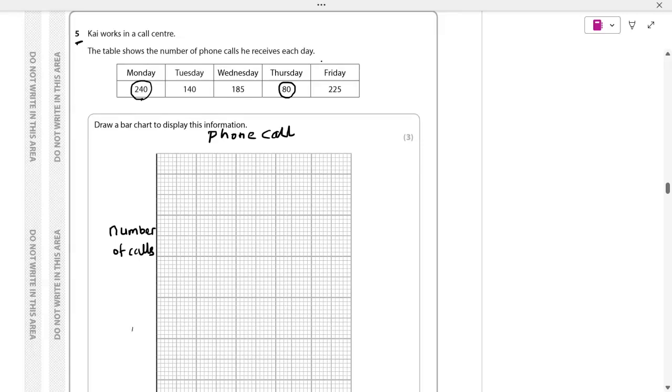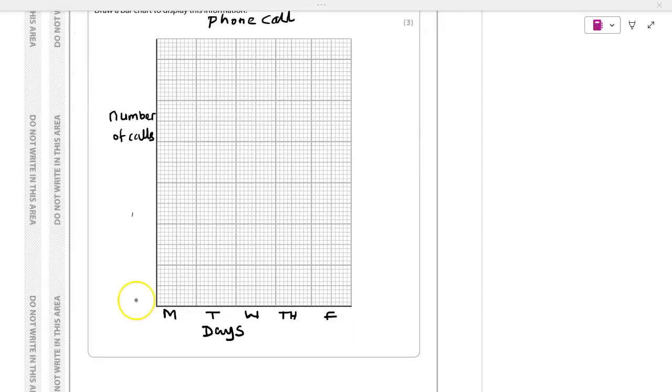So on my chart here, I can go from 0 to 250. So this will be 0. I'll go in 50s: 50, 100, 150. My 200 will be here, 250.